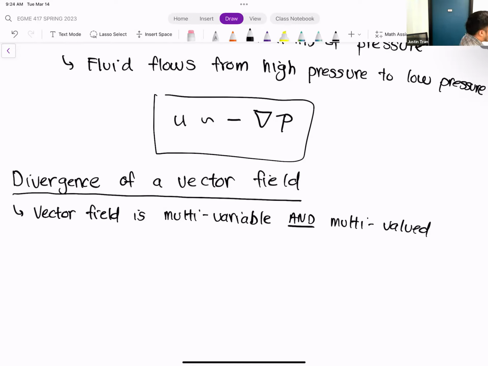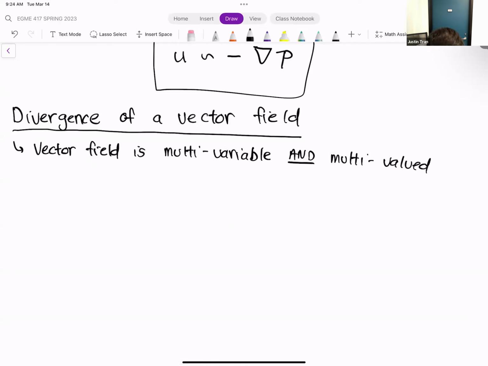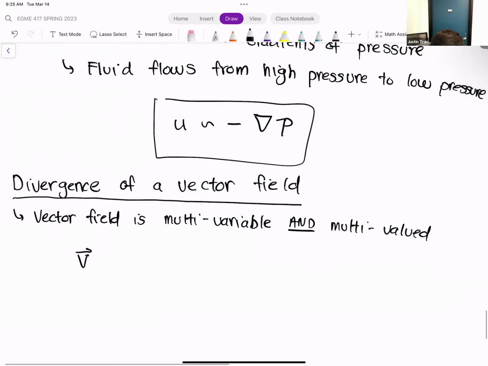And so just like we talked about last week, a vector is something that has components, right? So it's not only just one value, we have X, Y, and Z in 3 dimensions. But when we talk about a vector field, each of those components depends on X, Y, and Z. Okay, so each value of the function depends on all the variables. And so in the general sense, we have vector V, where this V here is a vector field.